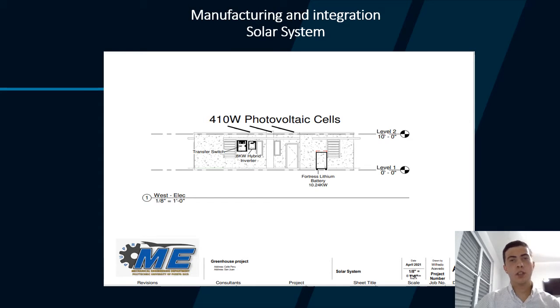In this part, I'm going to talk about the manufacturing and integration of the solar system. Here we have the assembly of all the equipment of the solar system, that is the 410 watts photovoltaic cells, and the transfer switch for non-critical loads. And we have the hybrid inverter and the Fortress lithium battery.